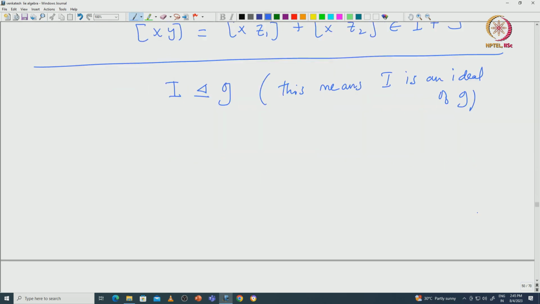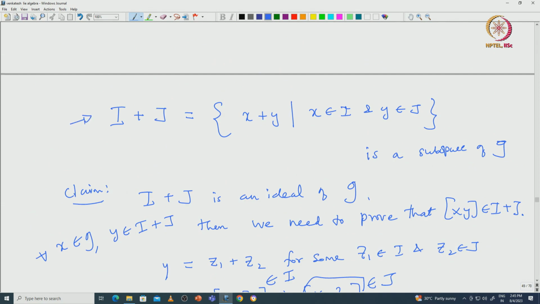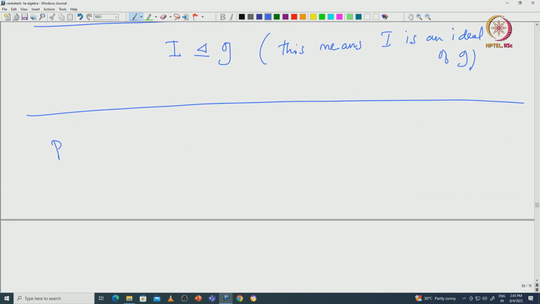Okay. So, now here is one interesting construction. This is called the product of ideals. This I plus J is called the sum of ideals. Now we can talk about what is called the product of ideals.